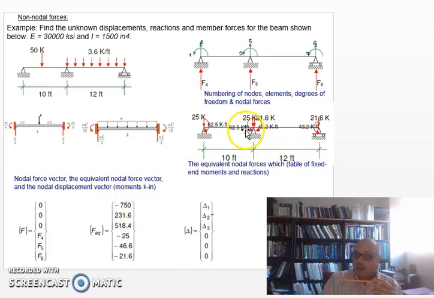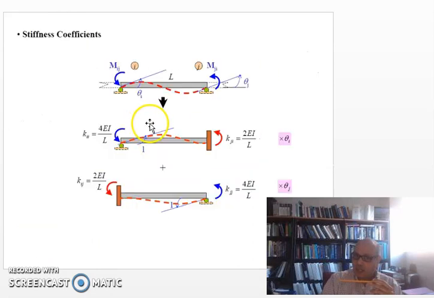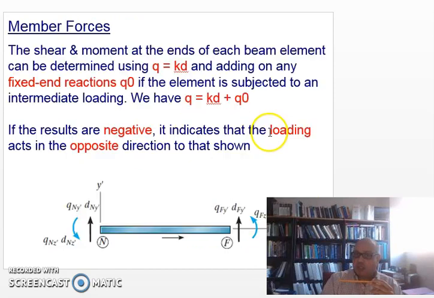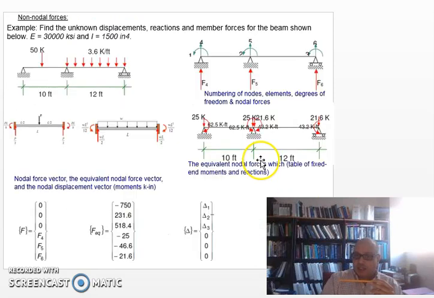Here you will have PL over 8, which is another 750 positive, but we have an effect of the distributed load. What is that again? If I go back a couple of slides and see, if I have a distributed load right here, I will have WL squared over 12 and WL squared over 12. So when you apply that in this example, you get 43.2 right here and another 43.2 right there.